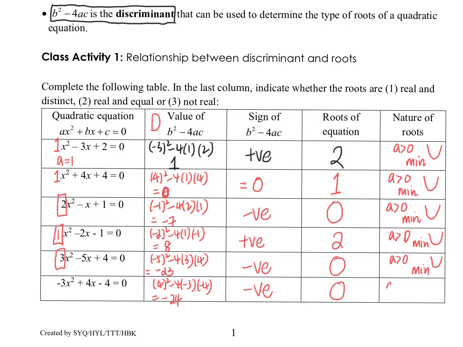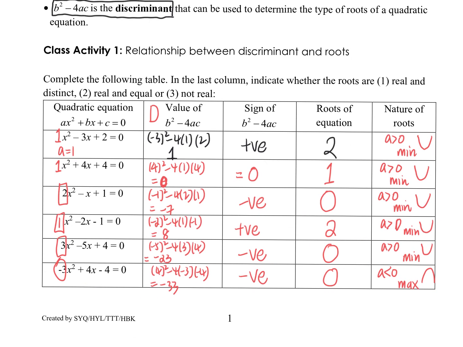Okay, what's the answer? A is negative 3. 16 times 3, isn't it 48? Oh, that one is 16. Okay, sorry. So by now you should know if discriminant is positive, you have 2 real roots.